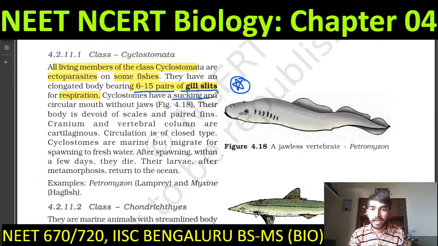Cyclostomes have a sucking and circular mouth without jaw. Their body is devoid of scales, so there is no scale-like structure on their body, and they also don't have paired fins.